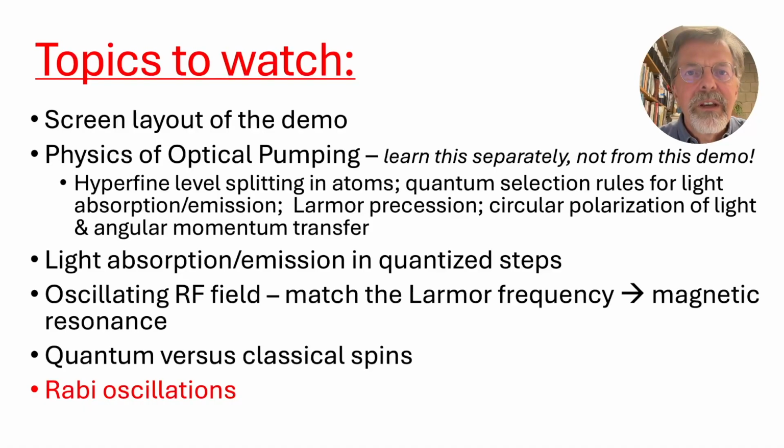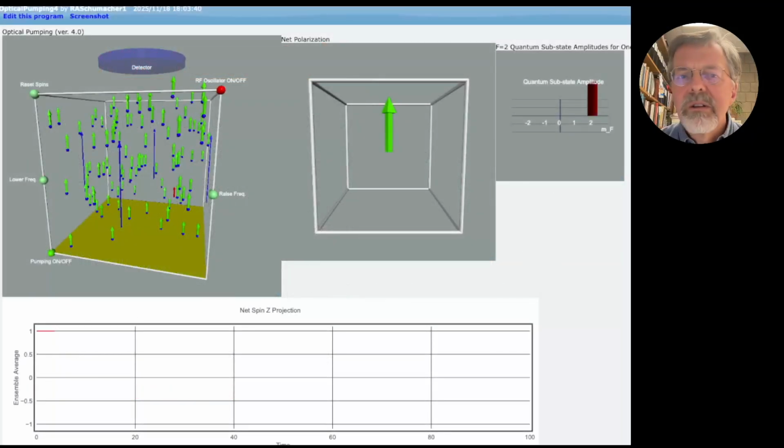Finally, let's take a look at what we mean by the Rabi oscillations. We saw these in passing a few minutes ago, but now we're going to actually name them and show you what they are specifically. So we start again, and we have the pumping turned on, and we're supposing the spins are all aligned to start with in this part of the story.